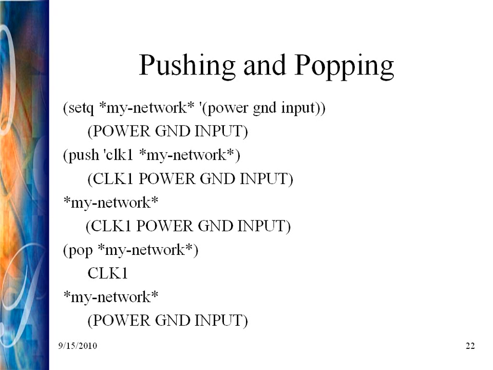There are functions push and pop. They're actually macros, and you can push things onto a list and pop things off a list. So here's the list my-network, set as the value of my-network. It's got 3 symbols, power, GND, and input. And I can push the symbol CLK1 onto it. And at this point, I've modified the value of that variable.